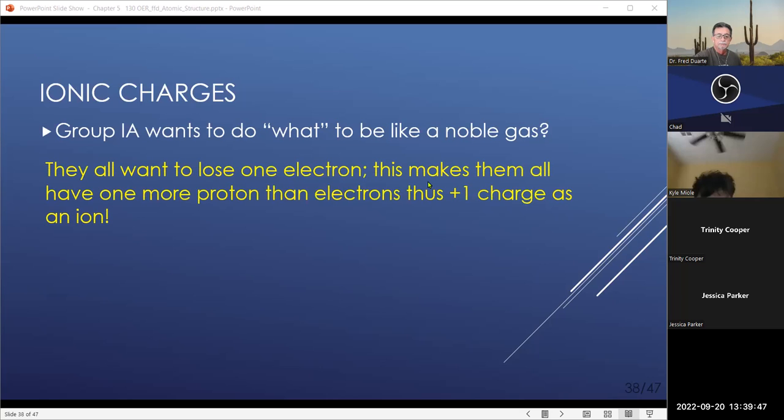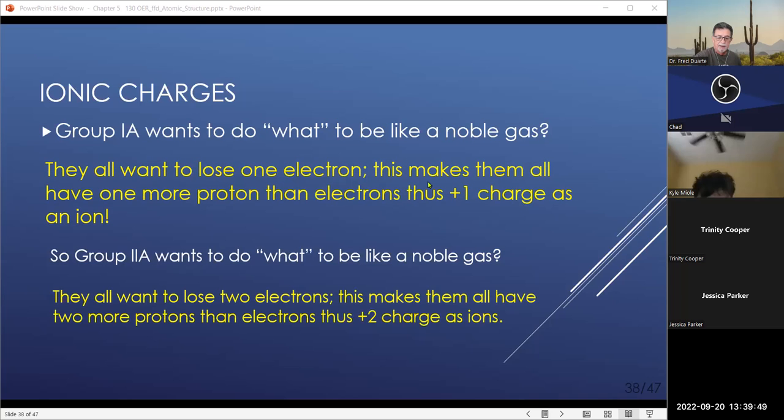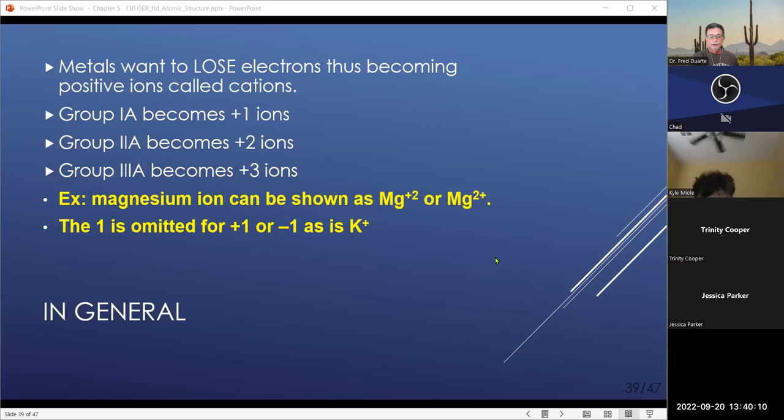All right. So here is basically the group number and what their charge is. Here is just a rehash of what we just talked about. The group 1A metals, by losing 1 electron, are going to be like the noble gas before them, and the same with group 2A.